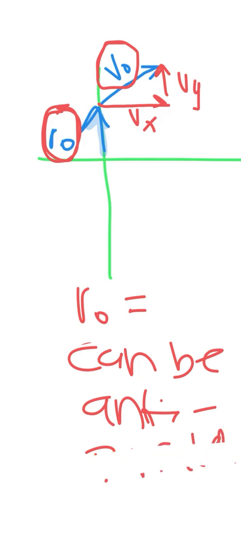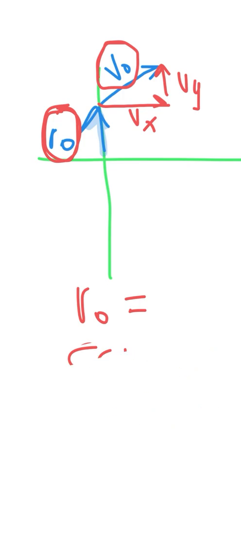So they can be parallel or they cannot be parallel, those two values, R0, the initial position, and V0, the initial velocity. Now we can talk about these values here.